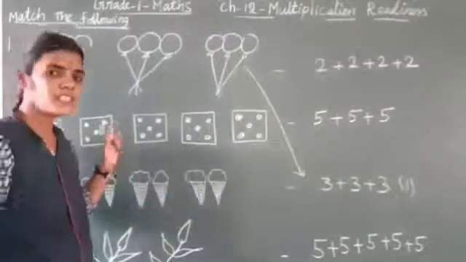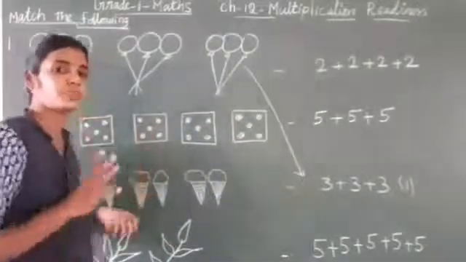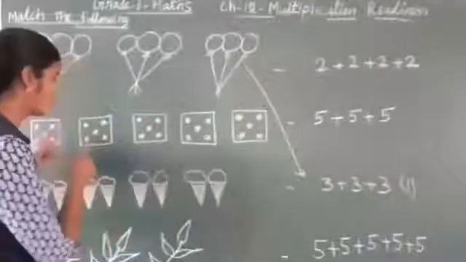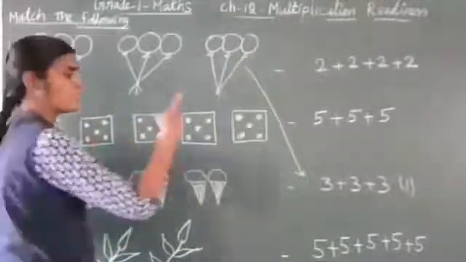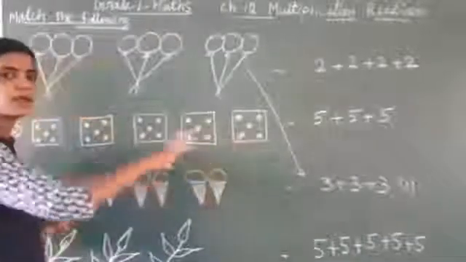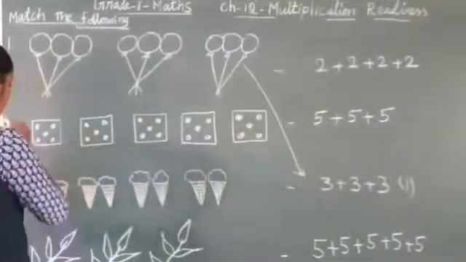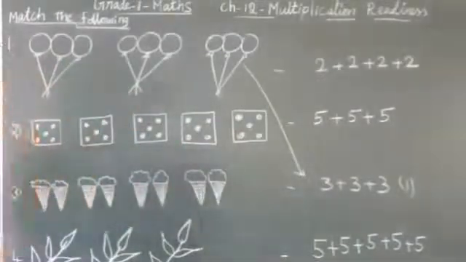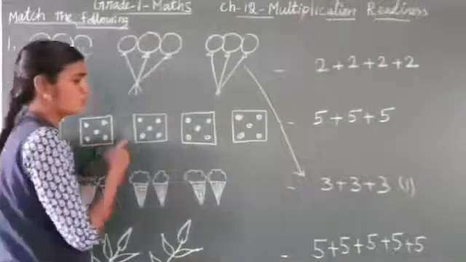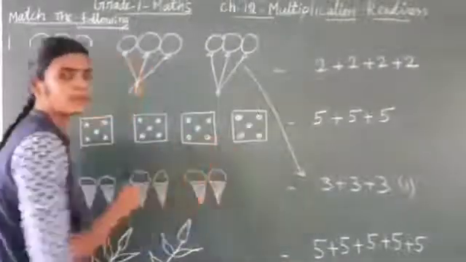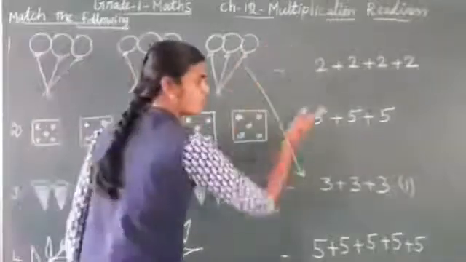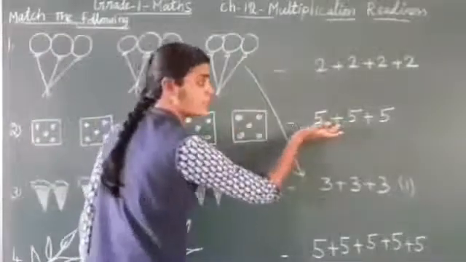Next one. See here, each square has how many dots, as I told you? 5 dots. So 5, 5, 5, 5, 5. How many times is it coming? 5 times. 1, 2, 3, 4, 5. So where is 5 here? Here also 5, but how many times?